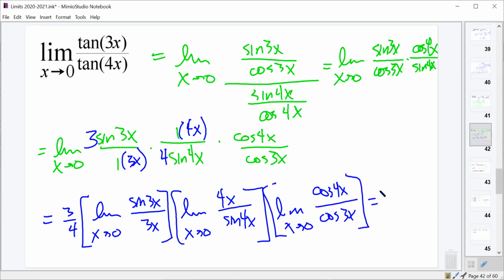And what does that give us? It gives us 3/4 times, this first limit is 1. Second limit is 1. And the last limit is 1. Also 1, right? Cosine of 0 is 1. That's just 1. So our final answer is 3/4.